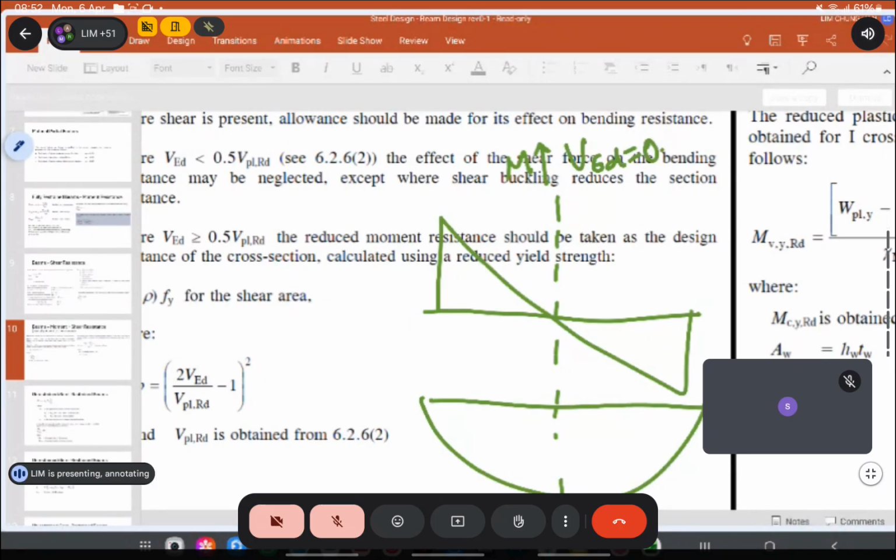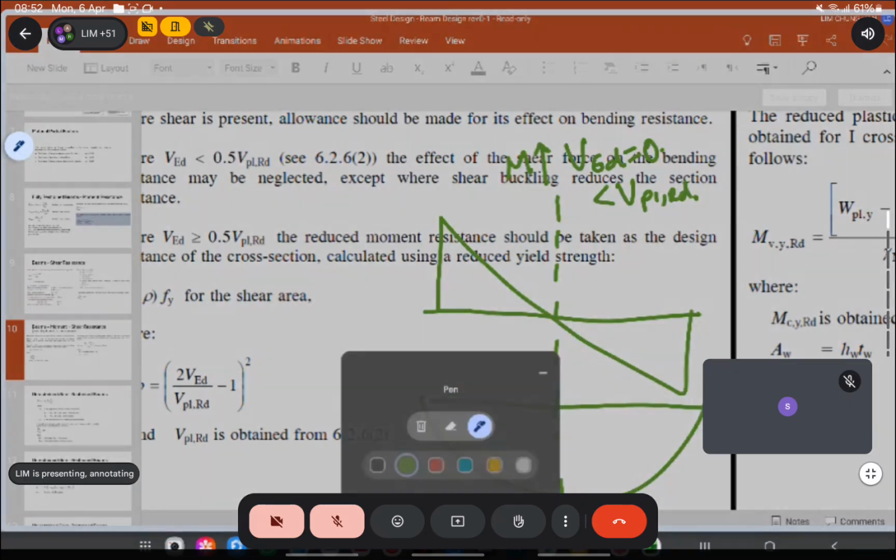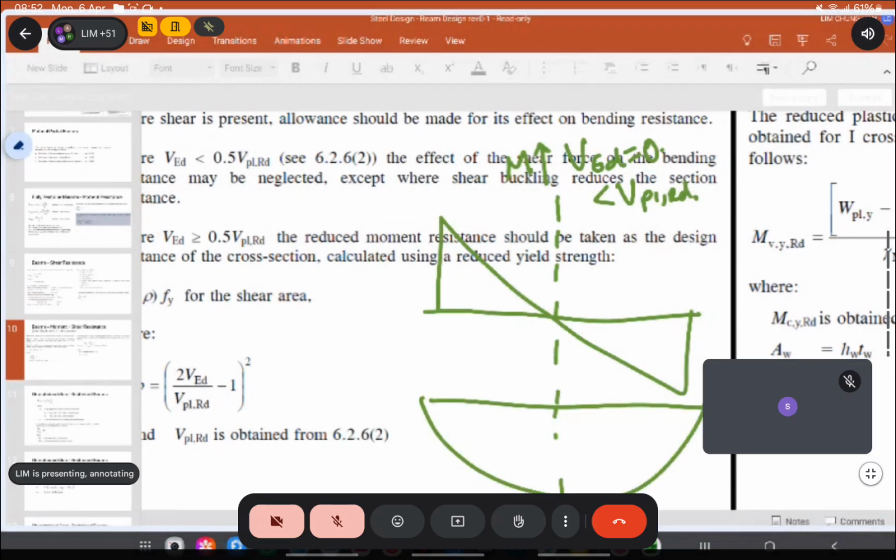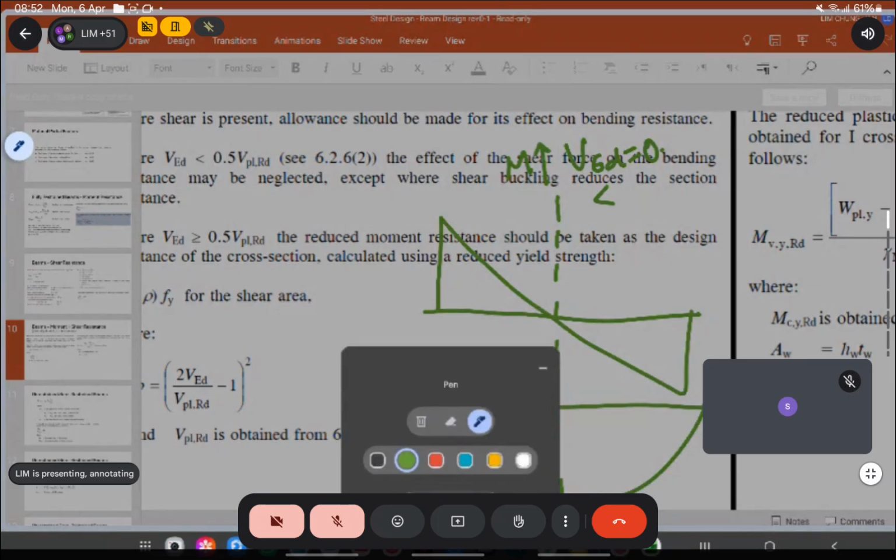So if your shear is 0, definitely it's less than the shear capacity, less than 50% of VPLRD.